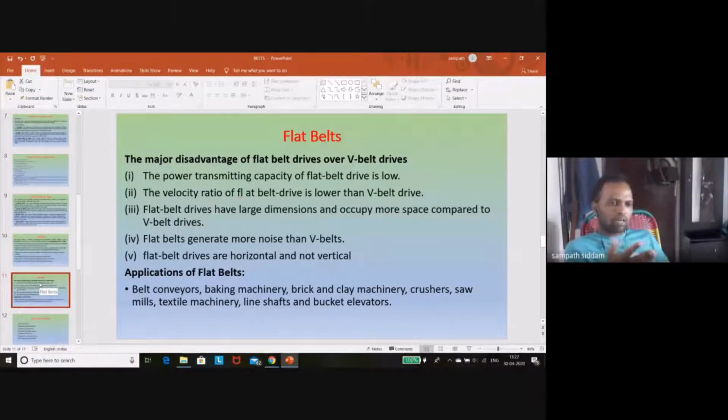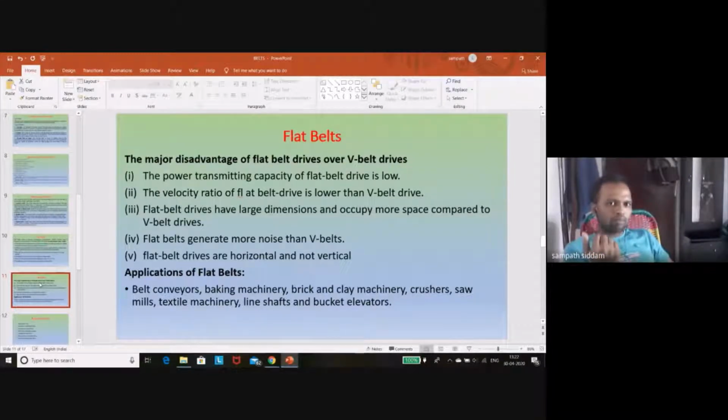Usually power depends on tension as well as velocity. Tension means the tightening of the tight side and slack side, the variation of tensions due to variation of torque, all those things. You have T1 and T2.